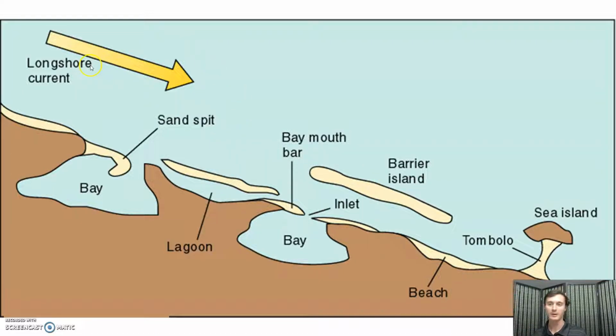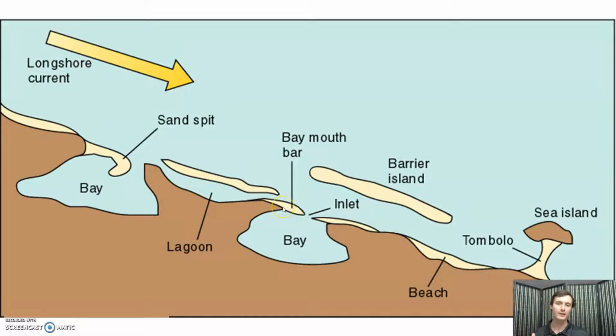Our longshore current direction is this way. So just like we talked about, that is going to extend the beach outward here, make something called a sand spit. As a result of this and some other process, we have this choked off inlet which leads to a bay. We have this sort of barrier island here, just like this one over here, that protects this body of water from circulation, which leads to a lagoon.